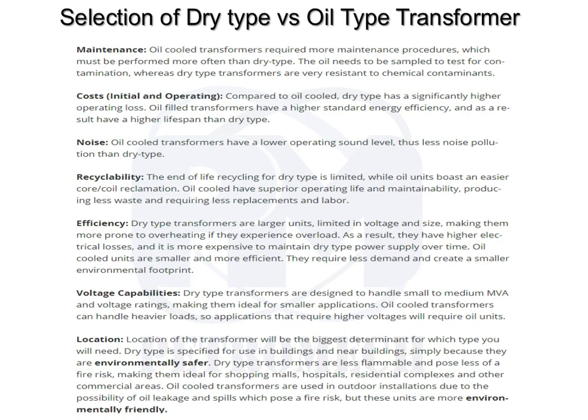Oil-cooled transformers are used mainly in outdoor installations due to the possibility of oil leakage and spills which pose a fire risk, but these units are more environment friendly.